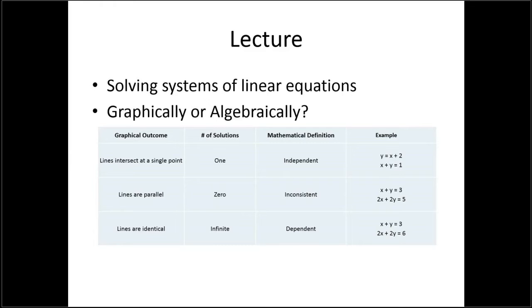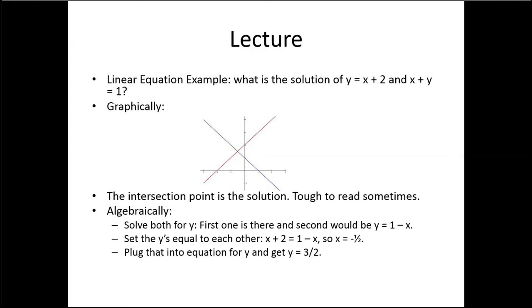If you have lines that run parallel, they never touch, which means there are no solutions. These are called inconsistent equations. The third possibility, both graphically and algebraically, is when you have two equations that actually give you the same line. That means there are infinite solutions, and these are known as dependent equations. I have an example of each there, so let's jump into that.